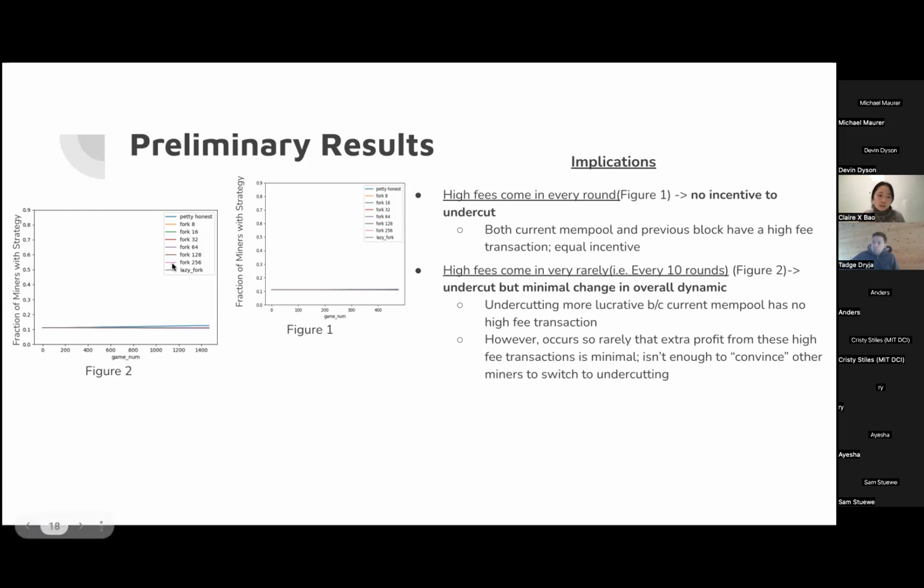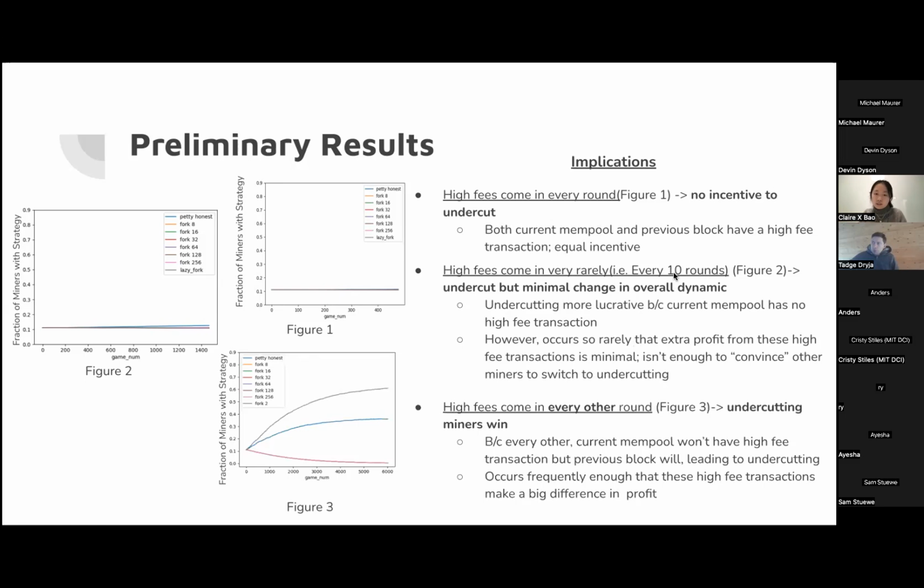This is shown in figure 2 here, where in general, it looks still quite similar to figure 1, where all of the strategy weights are still very close to each other. So even though in this case the high fees are sparse enough to encourage undercutting, they're too sparse to actually make enough of a difference in the long run to make undercutting attacks effective.